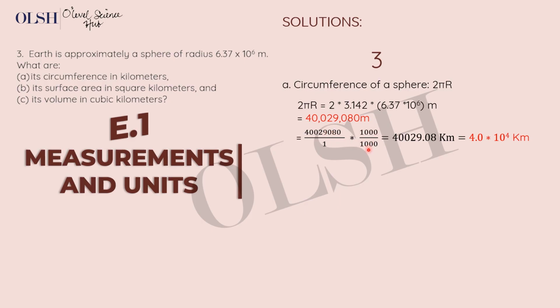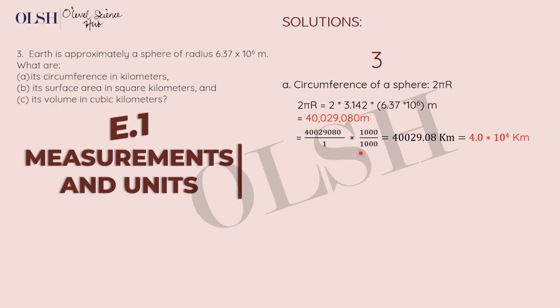But 1,000 divided by 1,000 is 1, so this doesn't change the value. We are only using it to modify, not to change the value. So we get the same value but a modified version. This 1,000 turns it to our k, which is kilo, while this one goes into the equation to bring this down to a more relatable term. So you can see that we have approximately 40,000 kilometers, which can be represented as 4.0 times 10 raised to the power 4 kilometers.